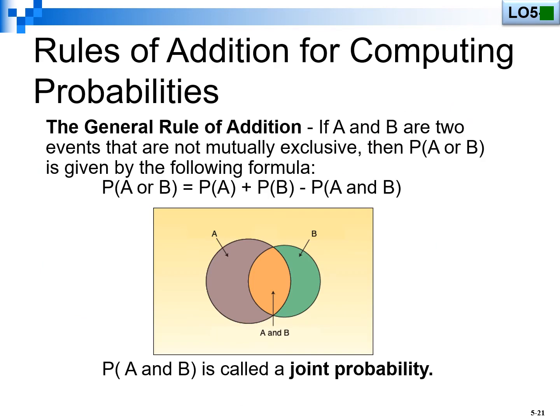Okay, now notice we've got a couple of events here. This is A and B, but notice there is some overlap up here. Here again is our union. We want to find the union of two events. Notice our formula. They like to use A or B, but I like to use A union B, so I hope that doesn't confuse anybody.